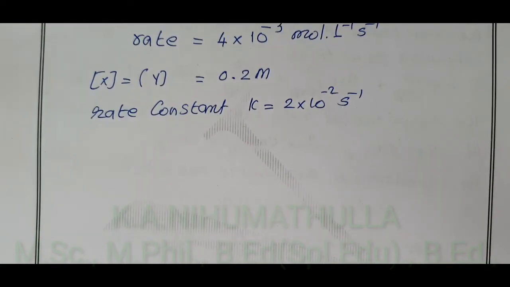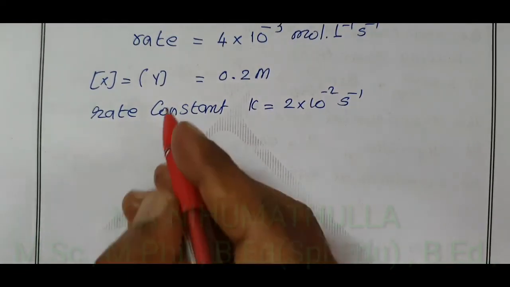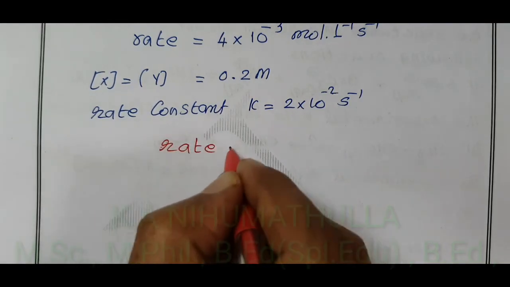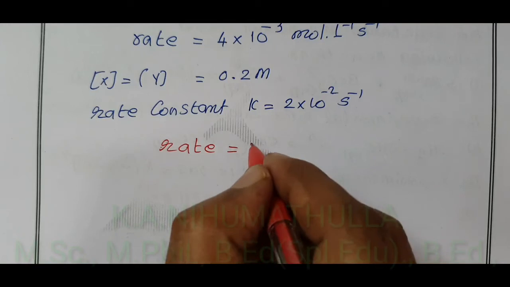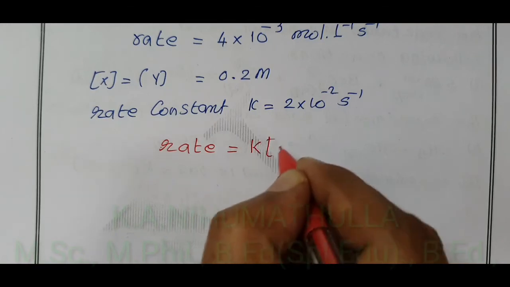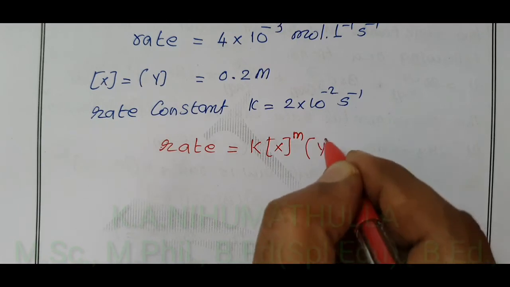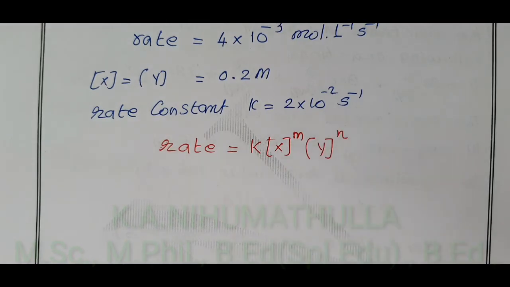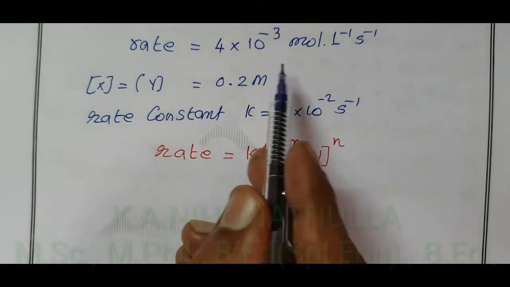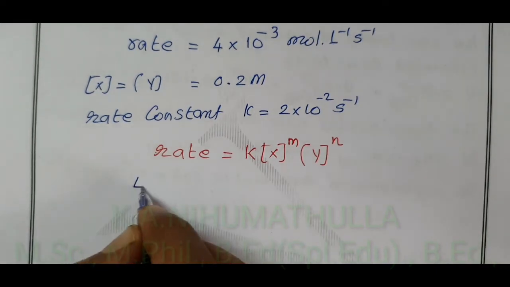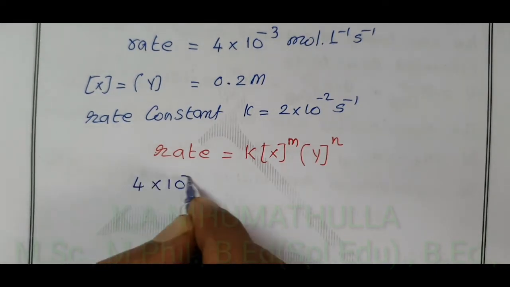Now, I write the rate equation. We have two reactants. The common rate equation is rate equal to rate constant K into concentration of X power m, concentration of Y power n. The rate given in our problem is 4 into 10 power minus 3.